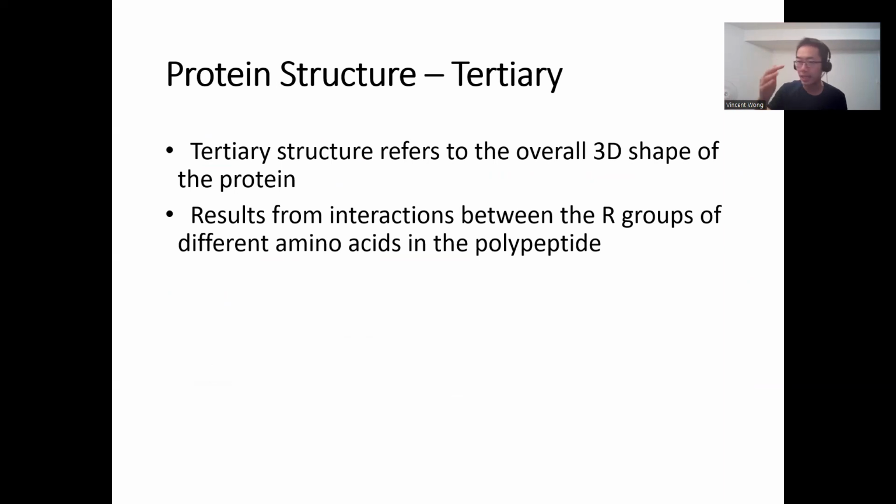And what's holding the tertiary structure together is the interaction between the R groups. Remember the R groups, right? You've got the yellow ribbon that represents the backbone, and then you have R1, R2, R3, R4, all these different side chains. They can interact with each other to help stabilize the 3-dimensional shape.